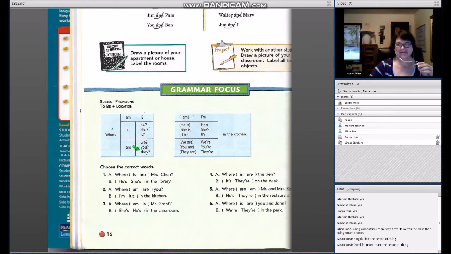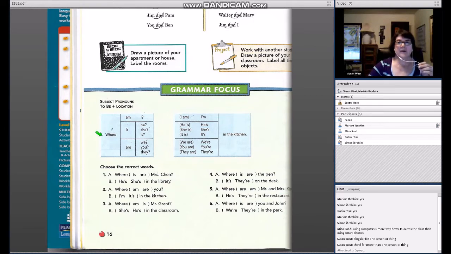Good. Both. And they? Plural. They is plural. When we say where are they, we're asking where it's more than one person or thing. Can also refer to a thing.